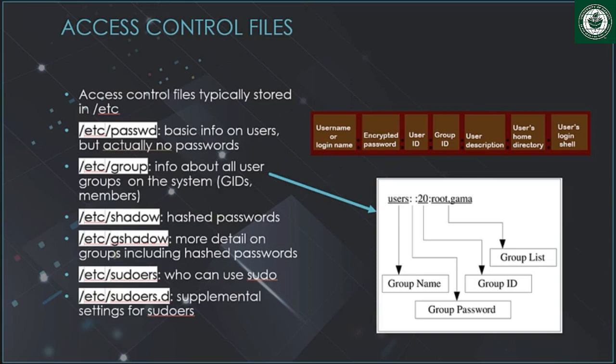Then there is the /etc/sudoers.d directory, which is a subdirectory of the /etc directory on Linux machines, and it is used to store files that define special sudoer configuration. These files are read by the sudo utility every time you type it, which allows authorized users to execute commands as other users or with elevated privileges.